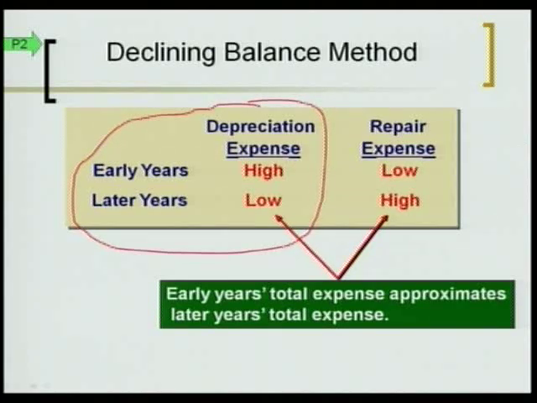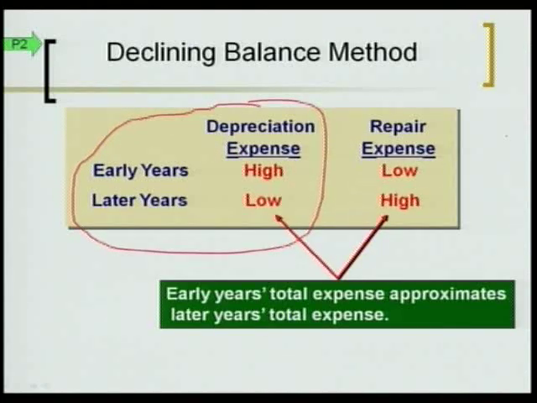And sometimes we do this because it offsets our repair expense, right? If you've ever had an automobile, you know that there's usually less repair expense in the early years of your automobile than in the late. So sometimes this balances things out on the income statement. But with the declining balance method, we're going to learn just the double declining balance method.